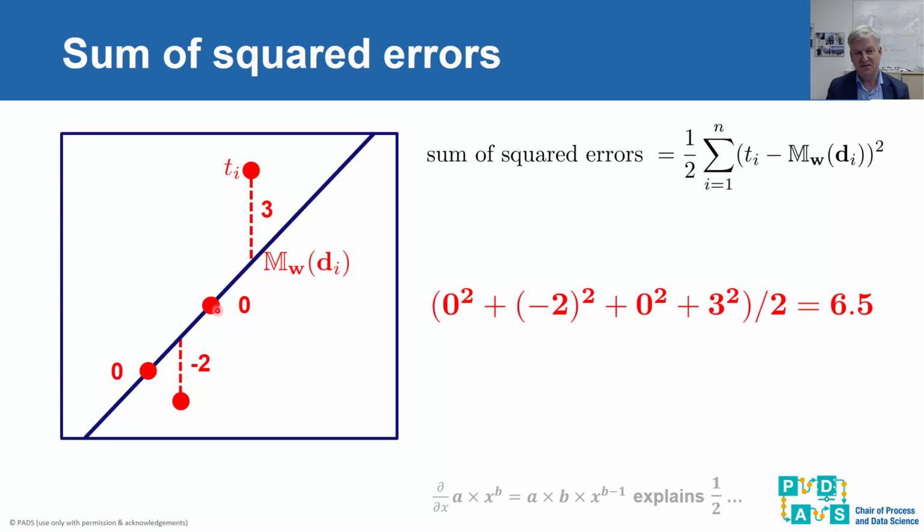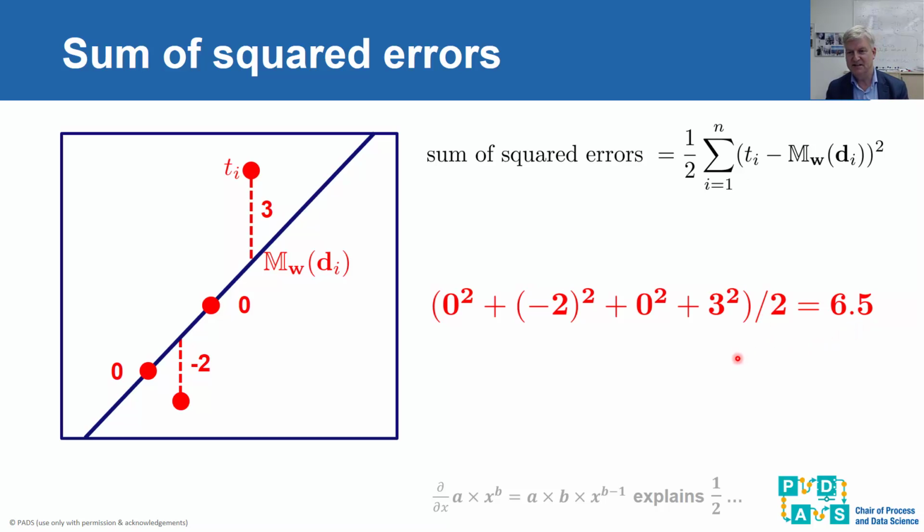The third point, again we have no error, 0 to the power 2. And then if we take a look at this point, this is the real value, if we look on this dimension, and this is what we predict, as we're at this point here. So again, we take the real value minus the predicted value, and that's a positive number 3. So we have 3 squared, and then we divide that by 2, leads to 6.5.